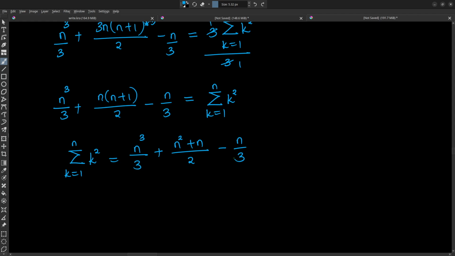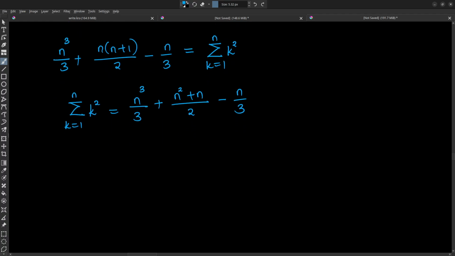So we've basically rewritten what we had up here, starting with the right side. Okay. Now this equals n cubed over 3, then plus n squared over 2 plus n over 2, since they have the same denominator, and then minus n over 3, right? This equals the summation of k squared from k equals 1 to n.